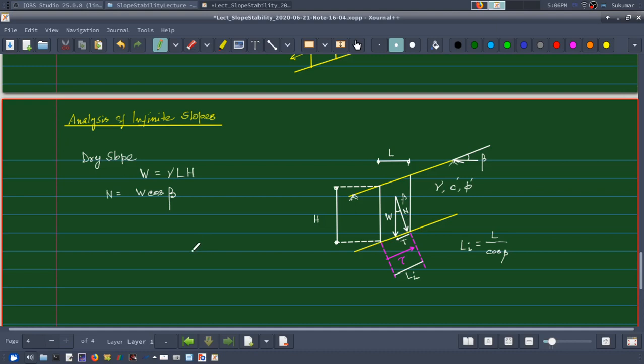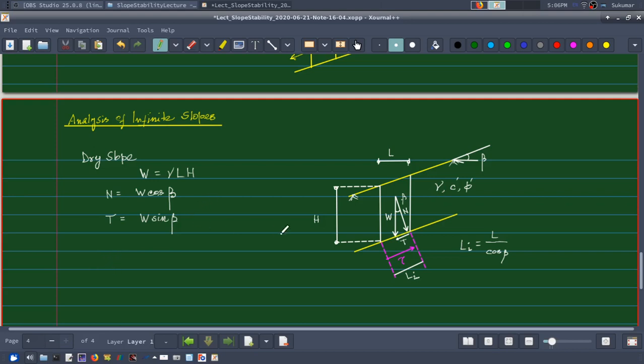Therefore N is W cos beta. Similarly, the force acting tangentially, which is the driving force, the disturbing force that is causing instability of the slope, is T, which is obviously W sin beta.